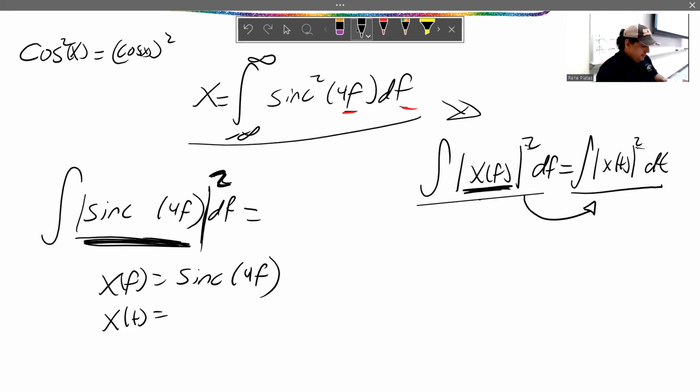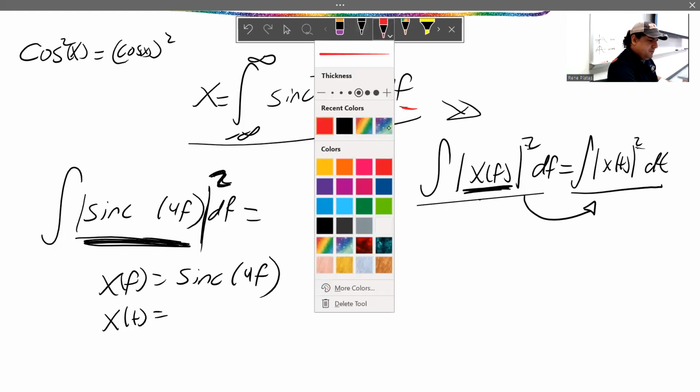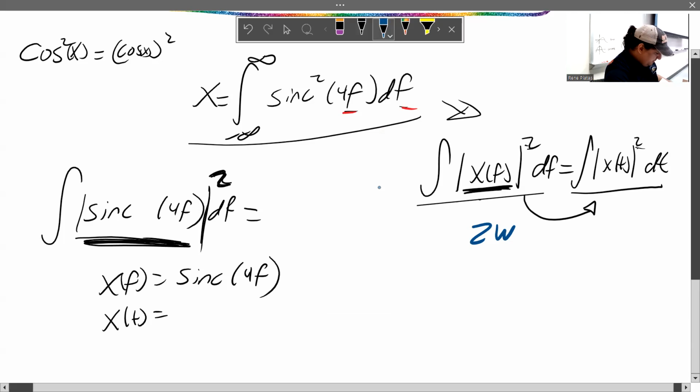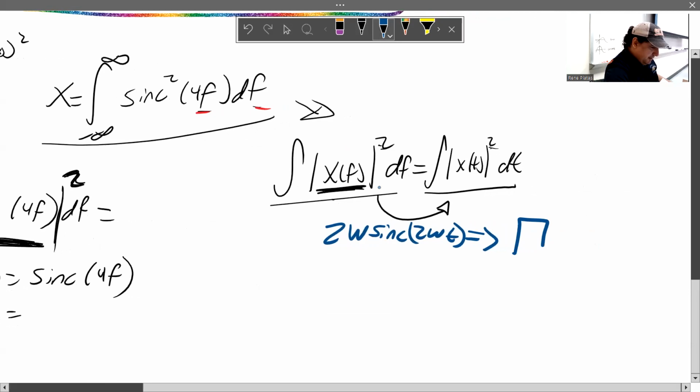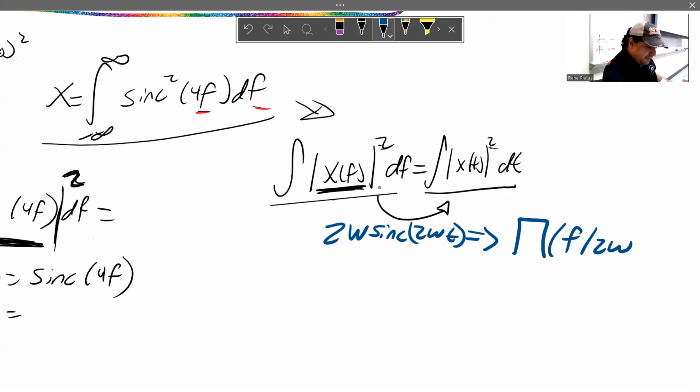We look for the sinc function. It states that it requires 2W sinc of 2Wt, which is going to turn into pi f over 2W.